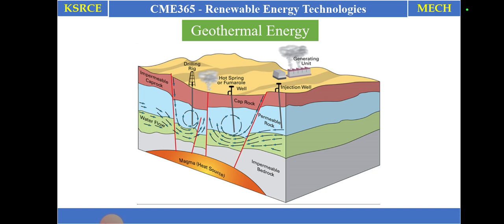Therefore, if 20,000 feet is dug on the Earth, the temperature will be about 190 degrees Celsius above the surface temperature. This difference will be enough to produce electricity. However, no useful and economical technology has been developed to extract this large source of energy.